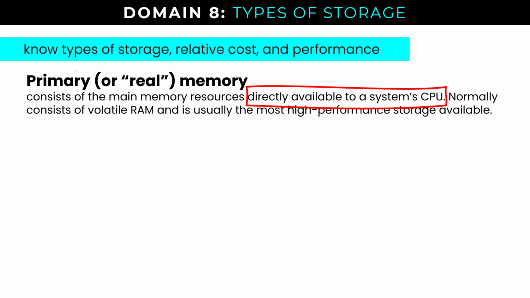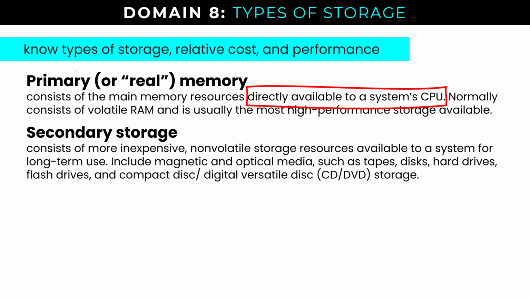So there's primary memory, which is your RAM that's available directly to the CPU. Volatile RAM, and we'll talk about volatile and non-volatile in a moment. But this is directly available to a system CPU. This is going to be the most high-performance storage available. And operations happening in memory are, generally speaking, always faster than operations that involve writing data out to a disk or storage of some sort.